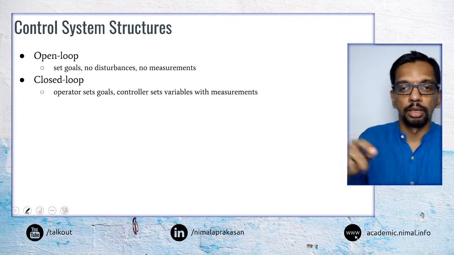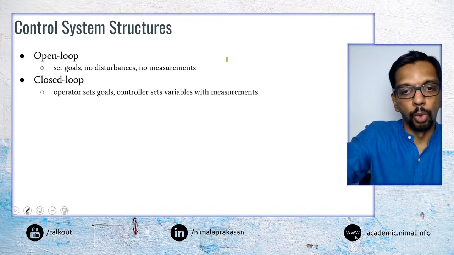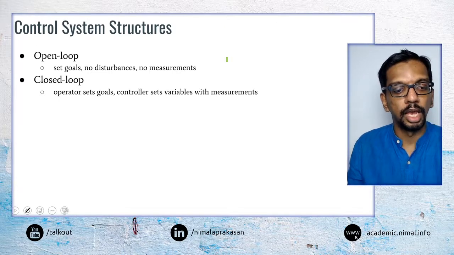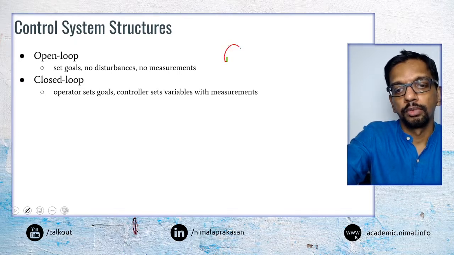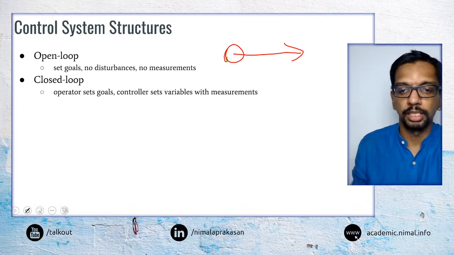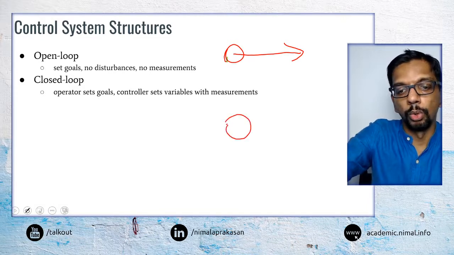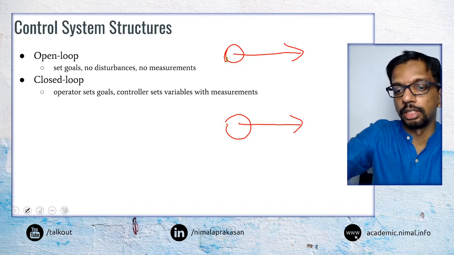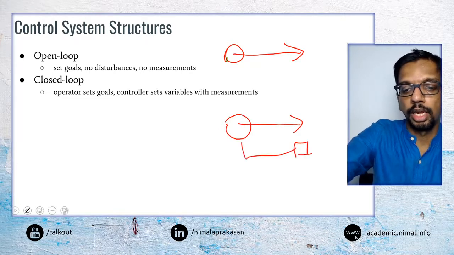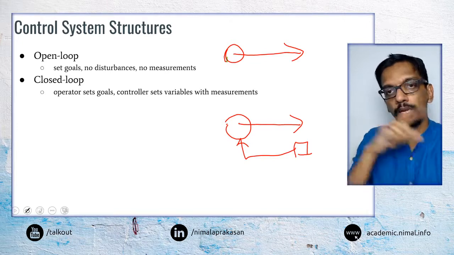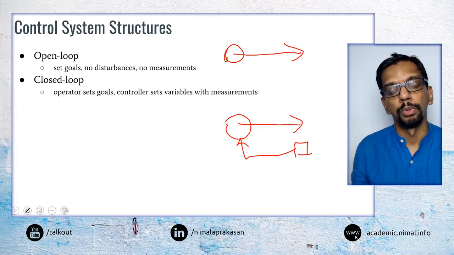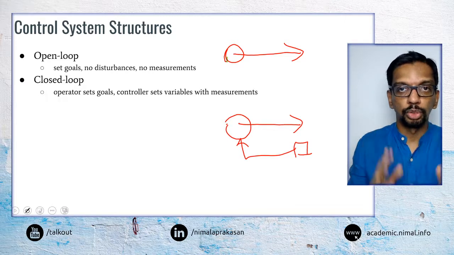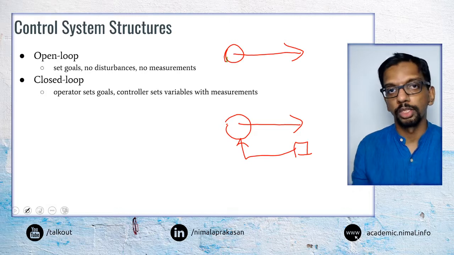If it is an open loop system, we start with an input, we set an instruction, and it functions as it is. Whereas in a closed loop system, we set an instruction, then it makes some measurements, and that measurement informs back to the system. That is the main difference between closed loop and open loop control systems. These are the two that we will focus on more in this course.